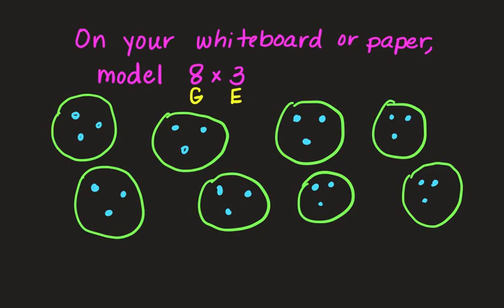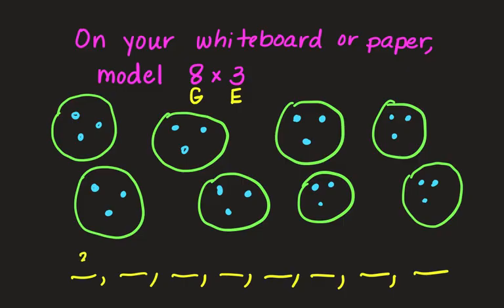Okay, so you should have drawn 8 circles for your groups and put 3 items in each group. Then we're going to skip count by 3s 8 times. 1, 2, 3, 4, 5, 6, 7, 8 times.